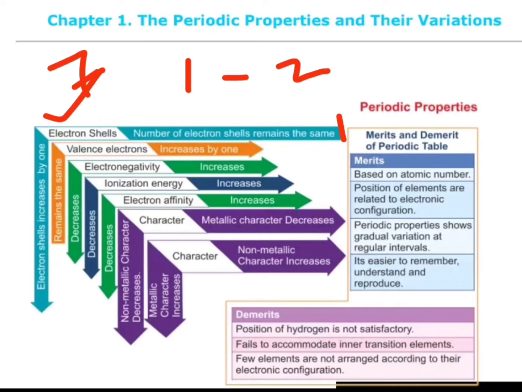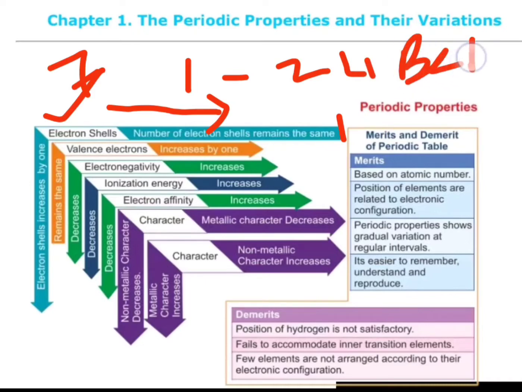If we are moving in any period from left to right, the electron cells will be the same. That means the number of electron cells remains the same. For example, in the second period we have lithium, beryllium, boron, carbon, nitrogen, oxygen, fluorine.